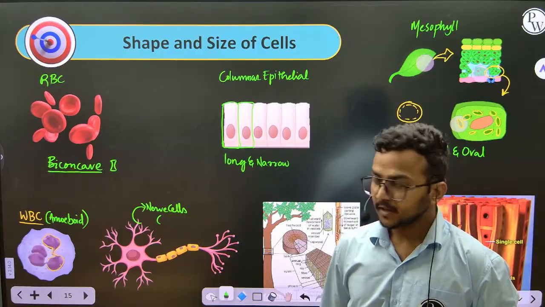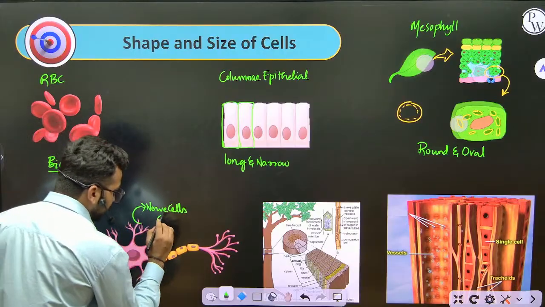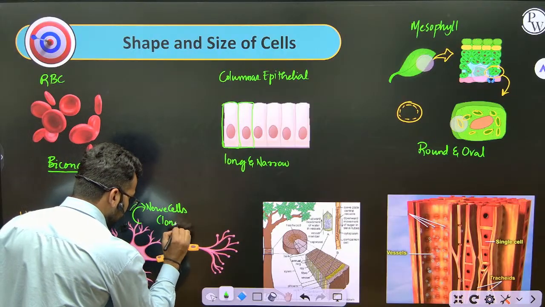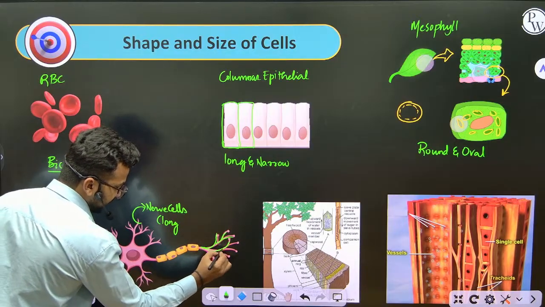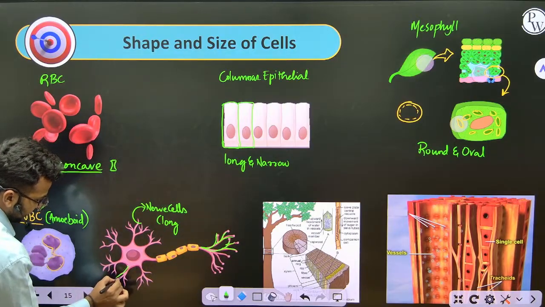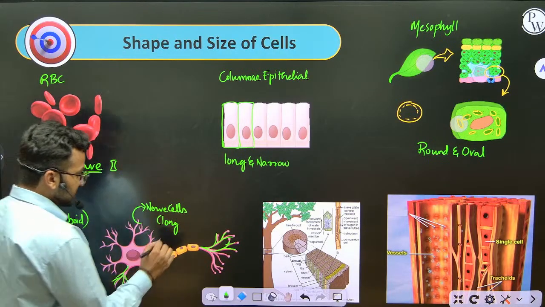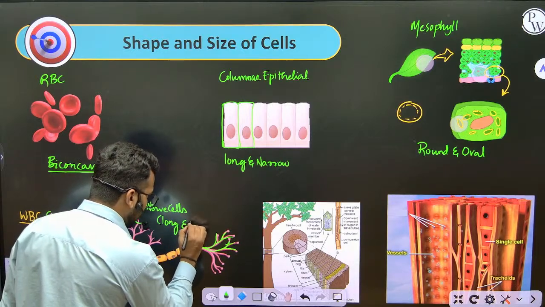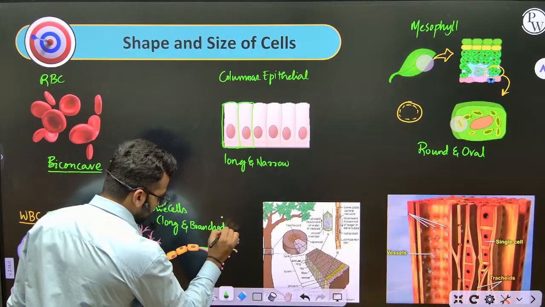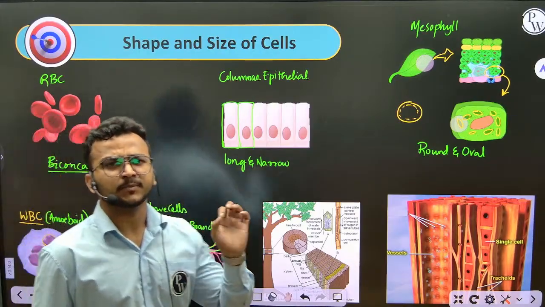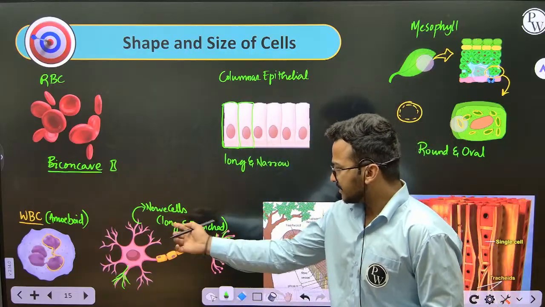Nerve cells are very long and have many branches, which connect to the next neurons or nerve cells. So the nerve cell shape is long and branched. You need to remember all these shapes because they are very important for NEET.